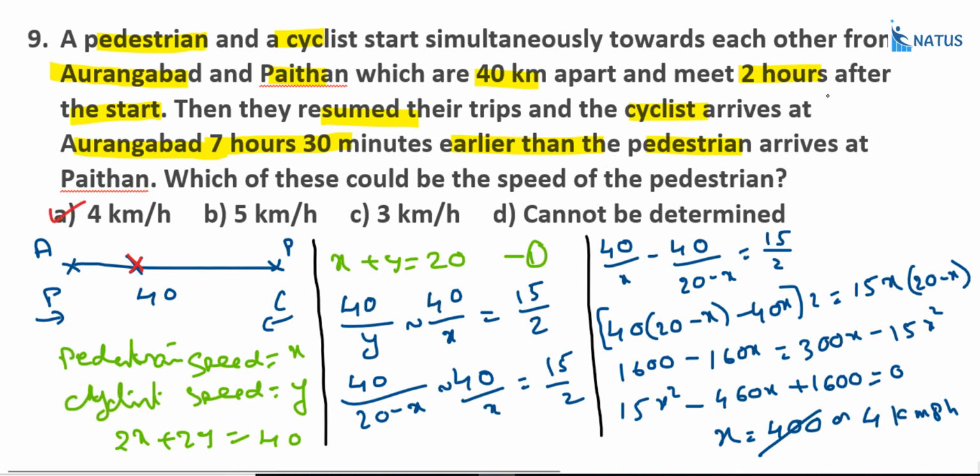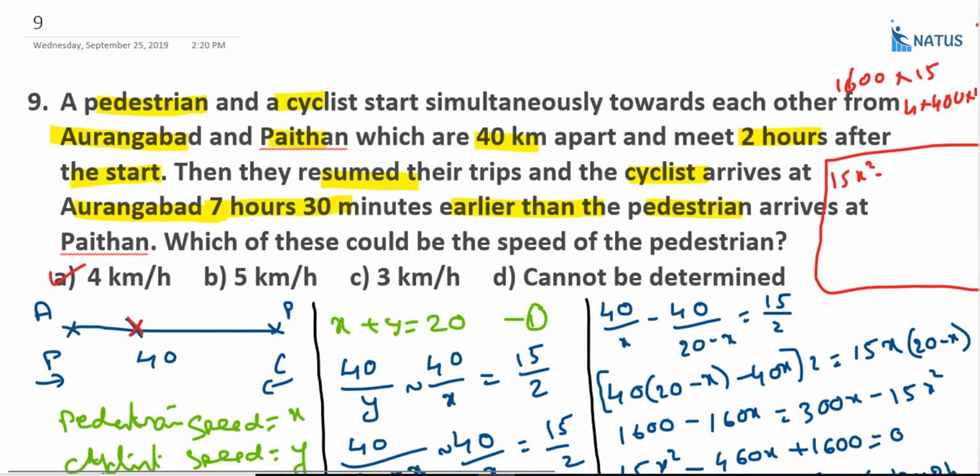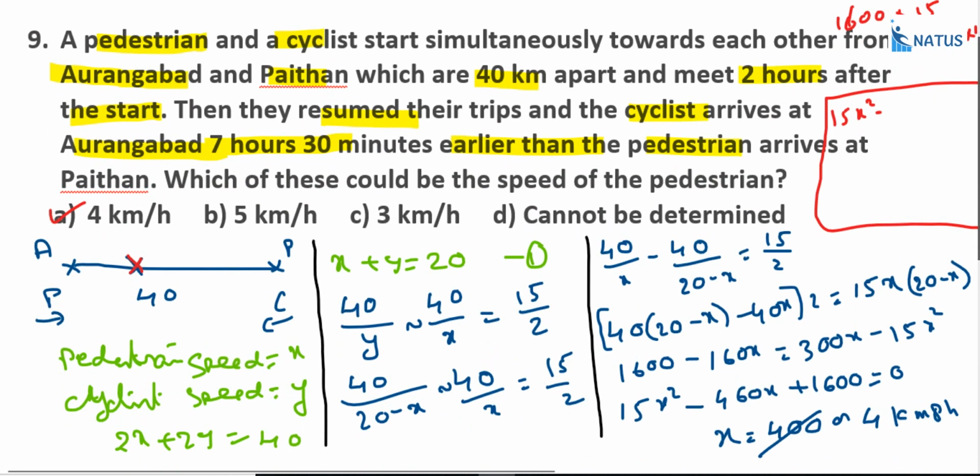Or if you want to solve this equation, just try it like this: 15x square, right? So 15x square minus, here, 1600 into 15. Now you will convert that into 4 into 400 into 15. 400 into 15, so that is equal to how much? 400, and next this is equal to 60.